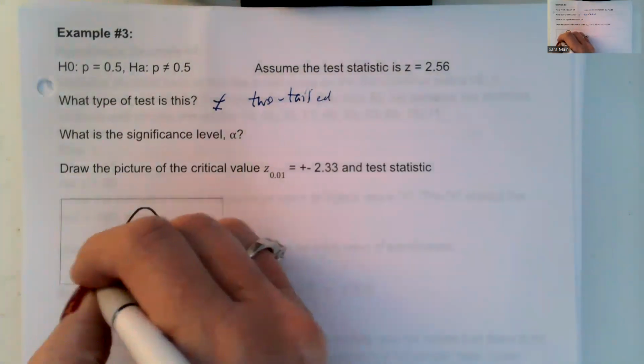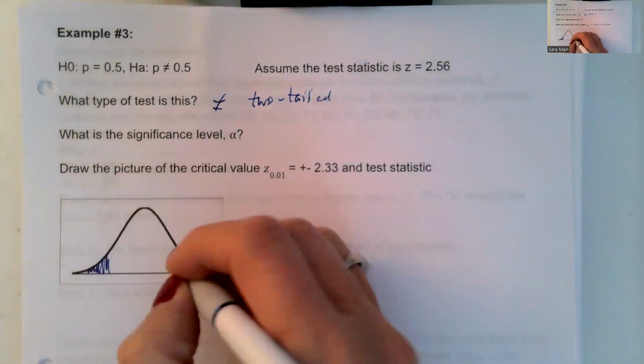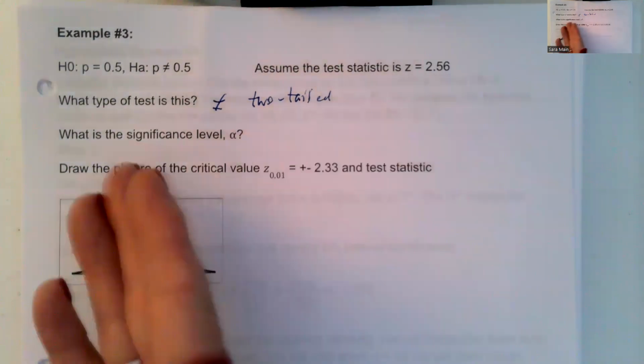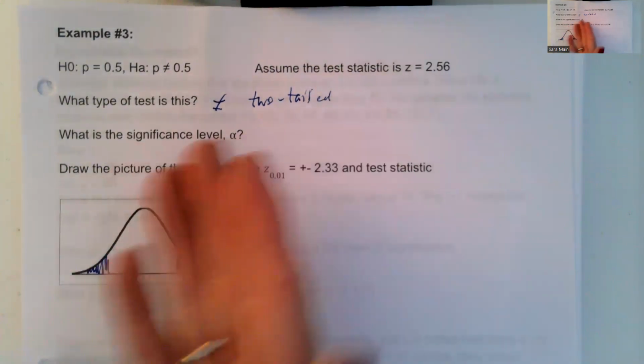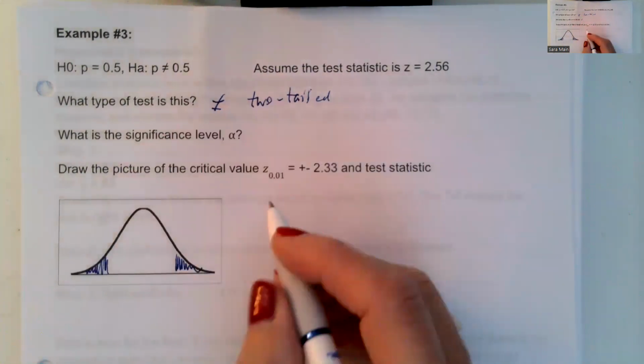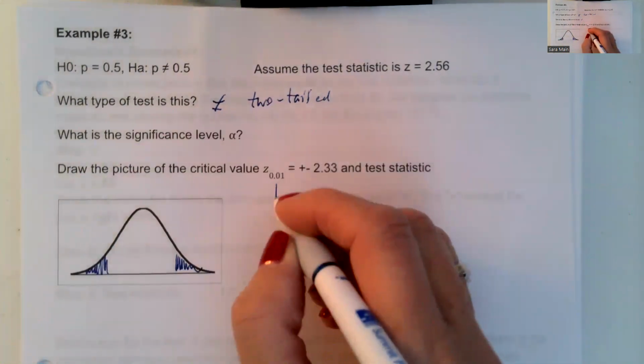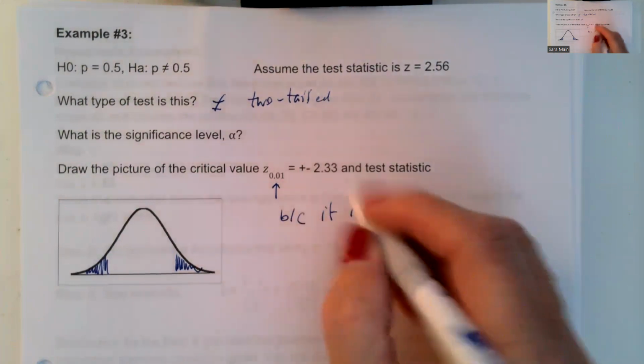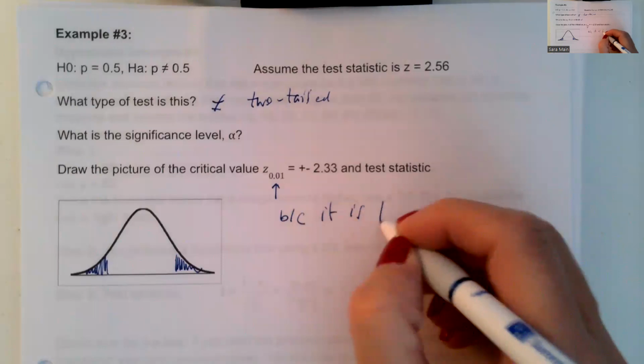Two-tailed means that we have 2 markings. Our alpha would be divided by 2. We don't know the alpha, it doesn't look like it's given to us, but we can find the alpha from here. Okay. So because it is two-tailed, we know that from the hypothesis statement.